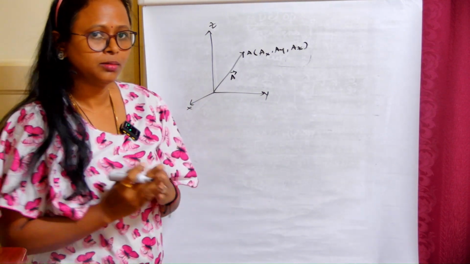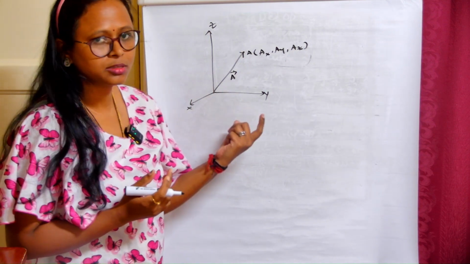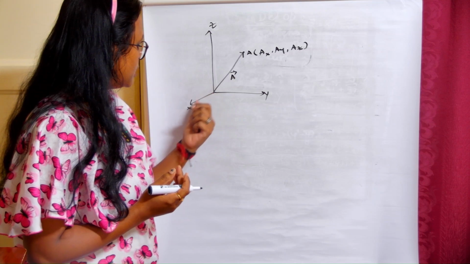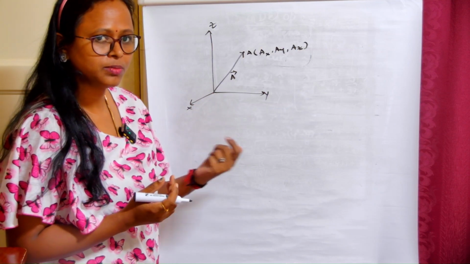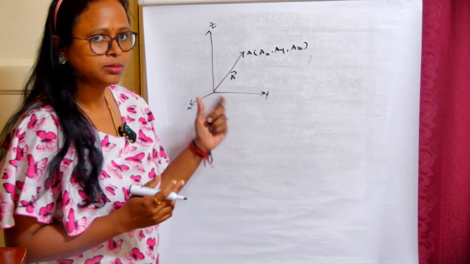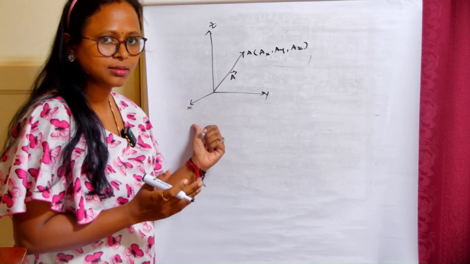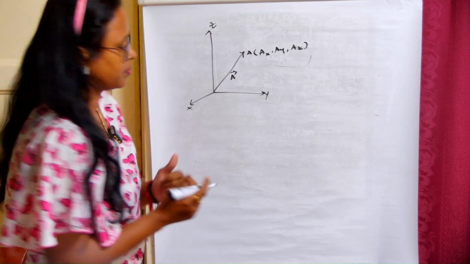So, to discuss the transformation concept, let us simplify the system so that we are keeping x as the constant. That means x will be the axis of rotation, and y and z are rotated about this x-axis with an angle phi.